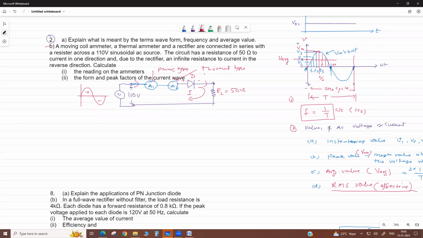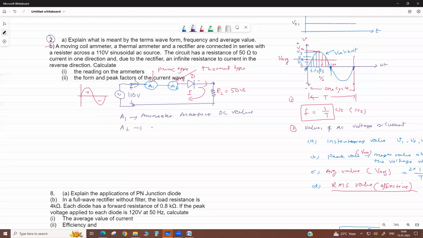In AC, the heating I square RT value is the RMS value. So A1 will work only on DC. A1 measures only the DC value of current, no AC.